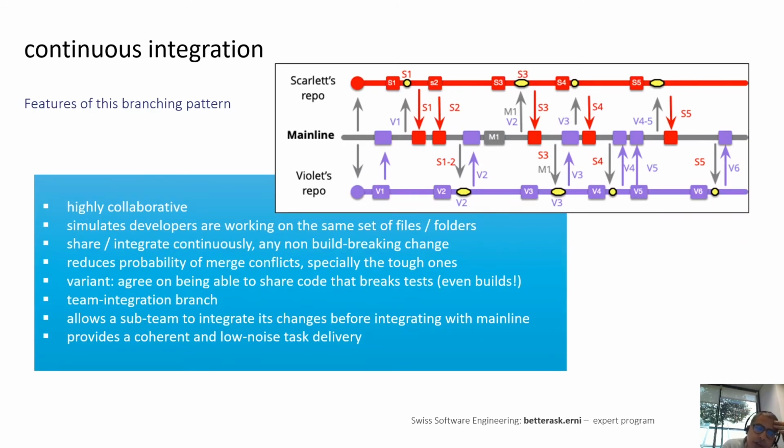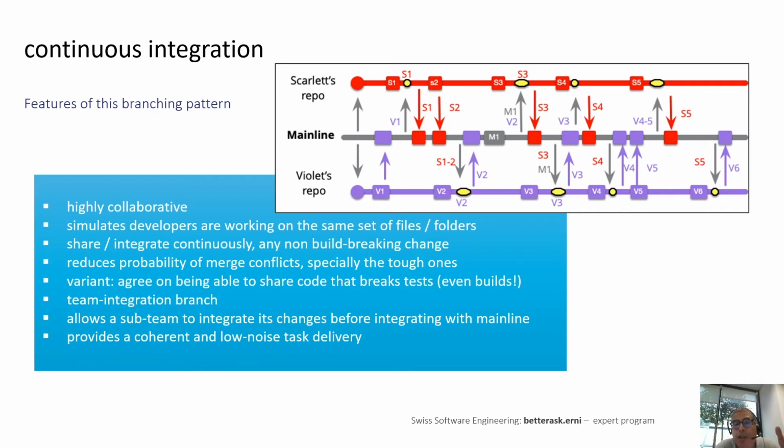This one is the continuous integration pattern. Do not confuse this with the DevOps concept of continuous integration and continuous development. It has nothing to do with that. This is a branching pattern, not DevOps stuff.